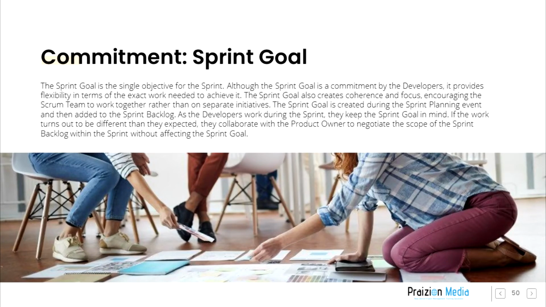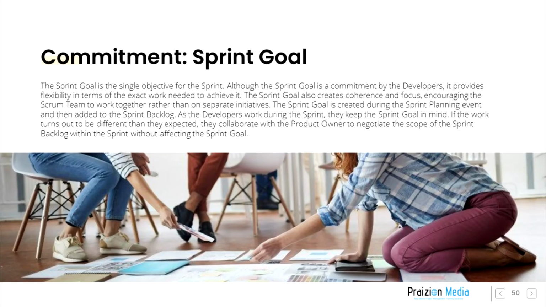Commitment: Sprint goal. The sprint goal is the single objective for the sprint. Although the sprint goal is a commitment by the developers, it provides flexibility in terms of the exact work needed to achieve it. The sprint goal also creates coherence and focus, encouraging the Scrum team to work together rather than on separate initiatives.